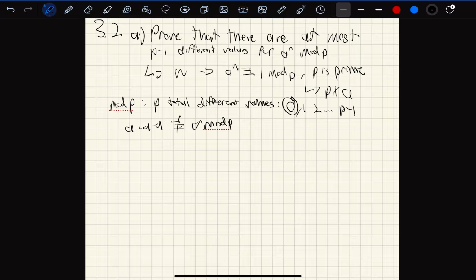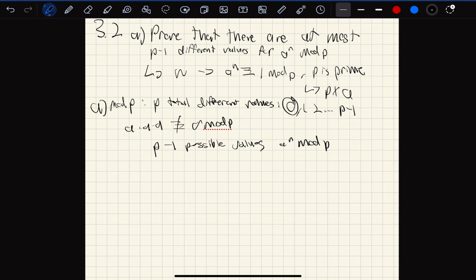So if we have p possible different values, and then one of them is not possible, that means we now have p minus 1 possible values for a to the n mod p.